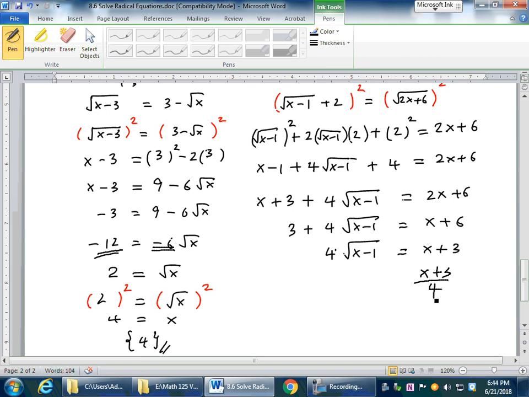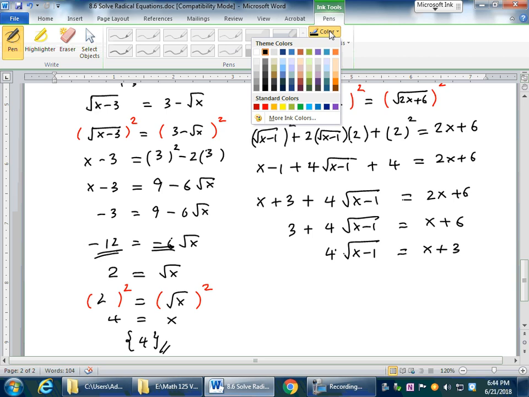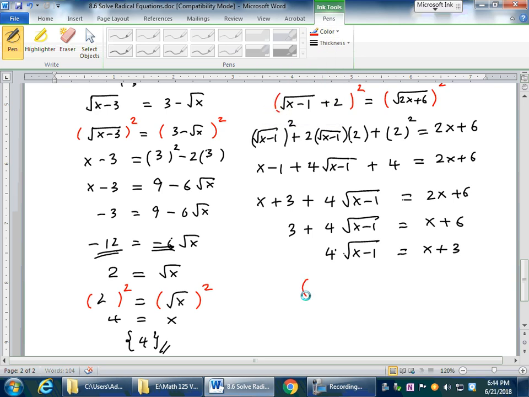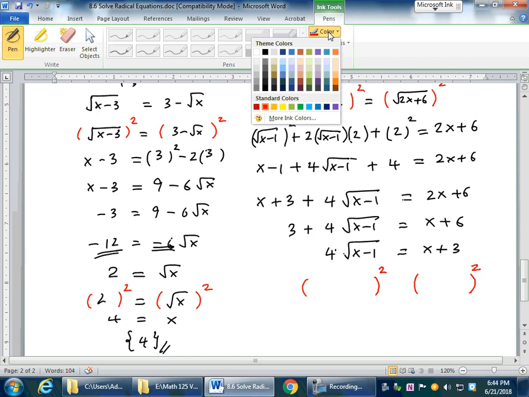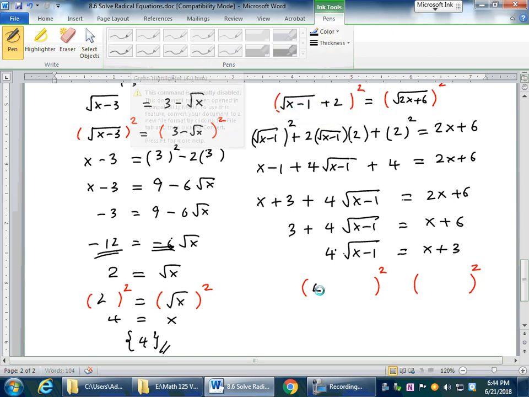So it is not a good idea to raise the power with fractions. Therefore, I'm going to just raise the power on both sides without dividing. So this will become raising the power of 2 to the left hand side and to the right hand side, which is 4 times square root of x minus 1, squared, is equal to x plus 3, squared.